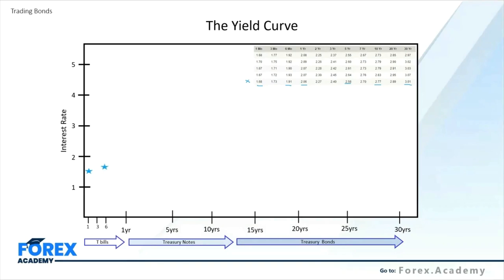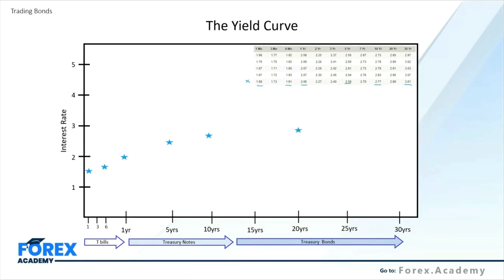Then we'll plot the point there with our 6 month short-term money market interest rate at 1.91. Moving on to our 1 year T-bill of 2.06. The 5-year Treasury note at 2.58%. The 10-year Treasury note is at 2.77%.